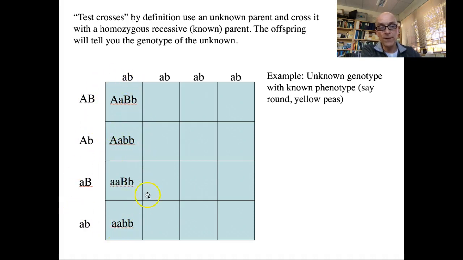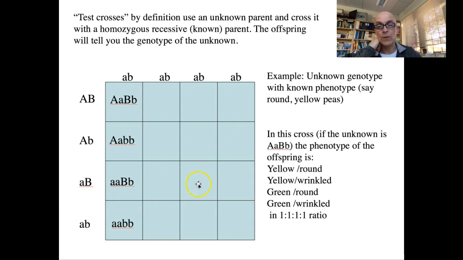And what are the phenotypes of these combinations? Well, you can think about this. We know that the big A is the dominant, so that's the dominant color. This is the dominant shape. So in the end, what we get is yellow and round, yellow and wrinkled, because now we have two recessive alleles.